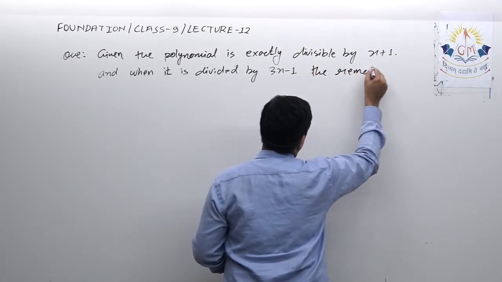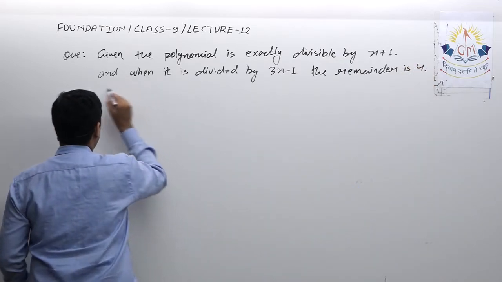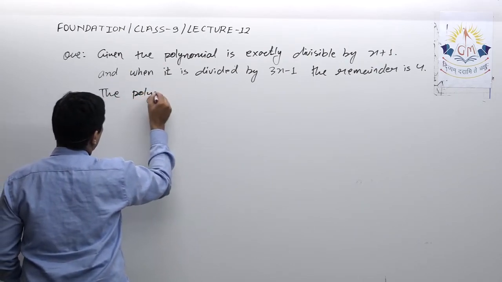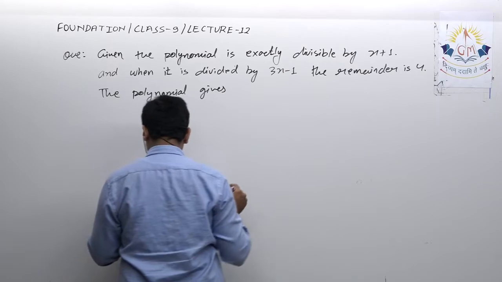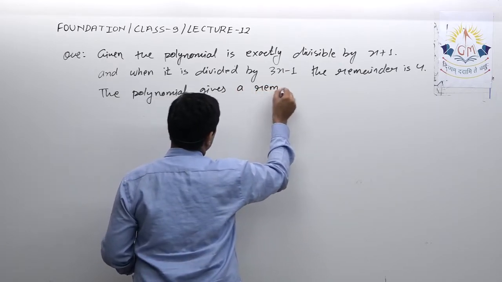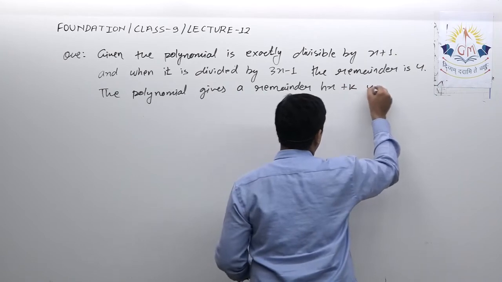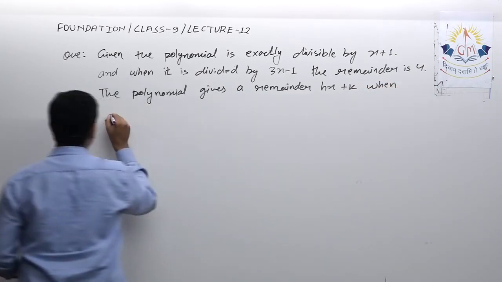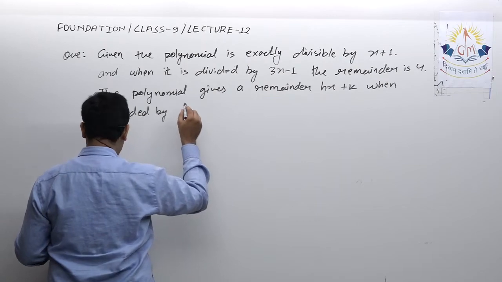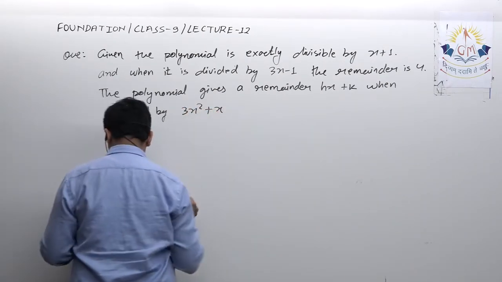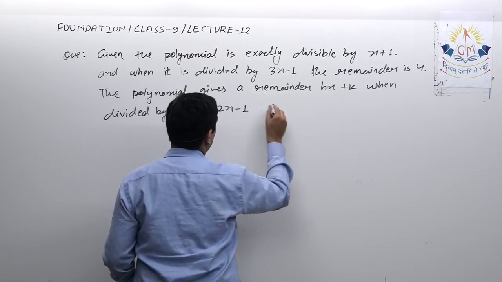The polynomial gives a remainder hx plus k when divided by 3x square plus 2x minus 1. Then find the value of h and k.